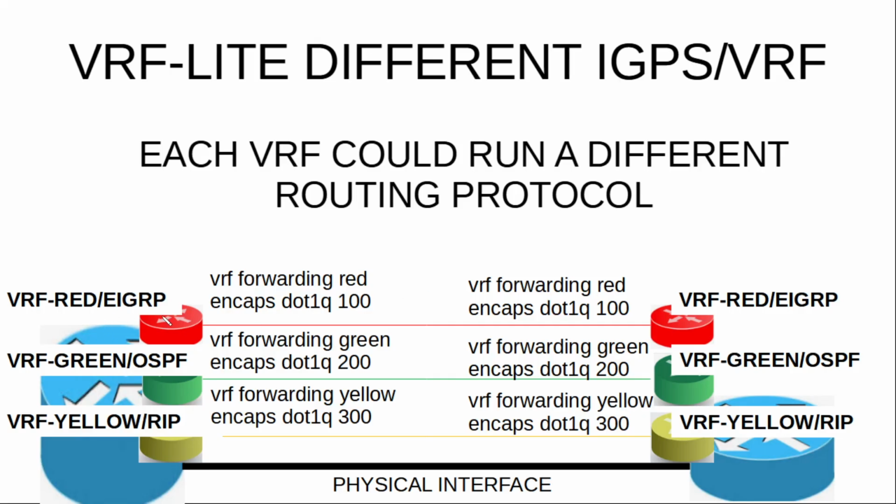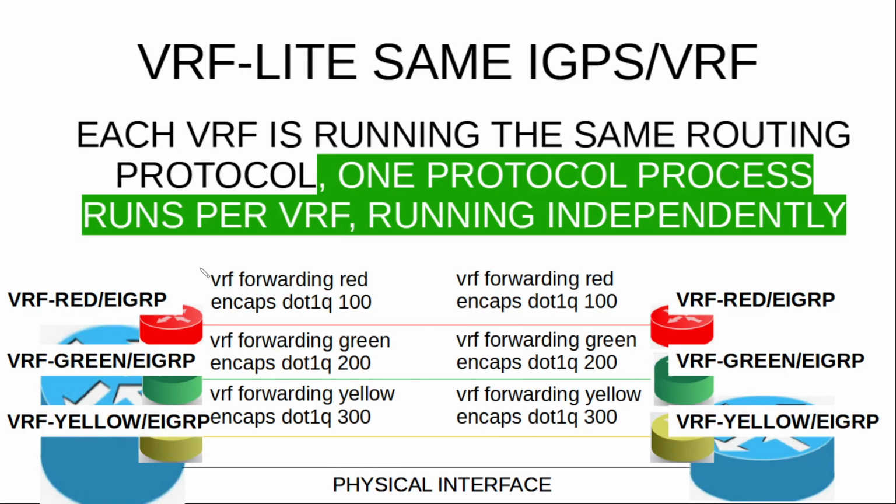For instance, the red VRF is running EIGRP, the green VRF is running OSPF, and the yellow VRF is running RIP, and this actually works. Or you can choose to use the same protocol: the red VRF is running EIGRP, the green VRF is running EIGRP, the yellow VRF is running EIGRP.